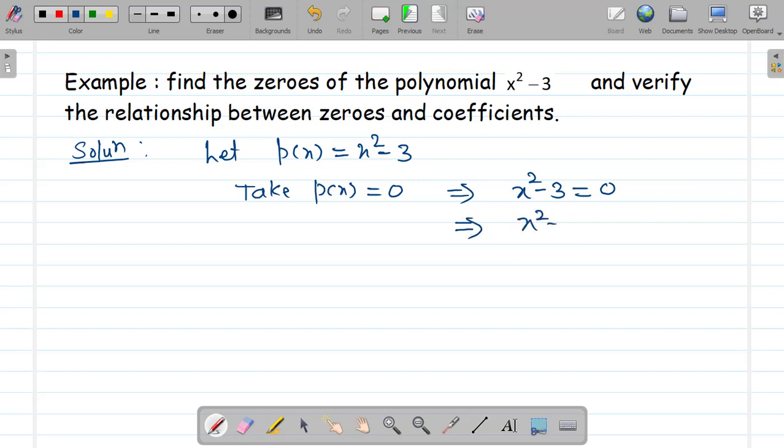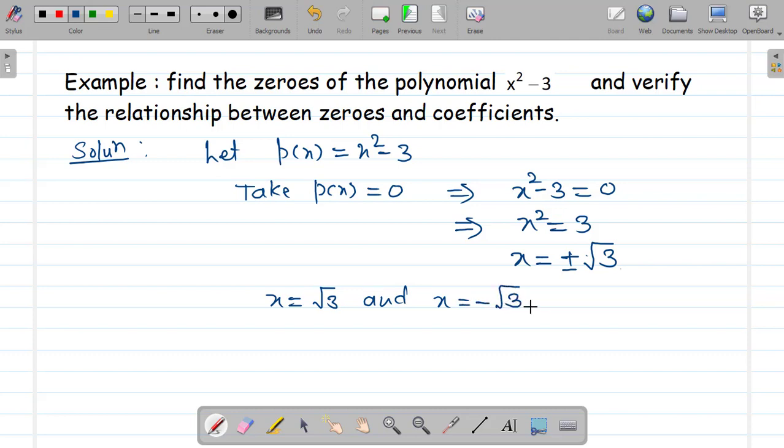So x square is equal to 3. Taking square root on both sides, we will get x equal to plus or minus under root 3. So we are having 2 zeros, and which are the 2 zeros? The first zero is x equal to under root 3, and the second zero is x equal to minus under root 3.